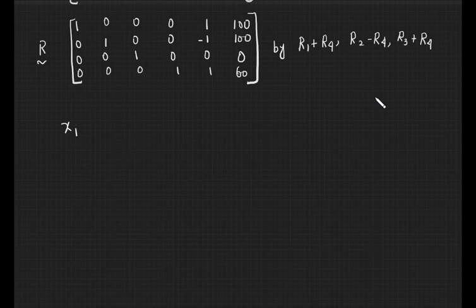We have coefficient 0 for x2, 0 for x3 and 0 for x4, so we will not write down those terms, and then we will write for x5 is equal to 100, and then we have x2 minus x5 is equal to 100. Then we have x3 is equal to 0, and then we have x4 plus x5 is equal to 60.